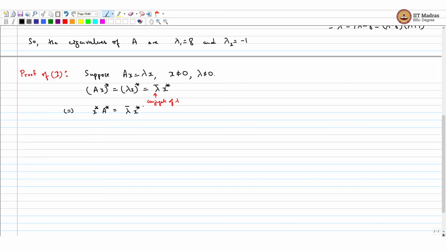Now let's multiply x on both sides. Lambda bar x star x. And now let's use the fact that A is Hermitian. So I get x star Ax equals lambda bar x star x. But this is a special x.